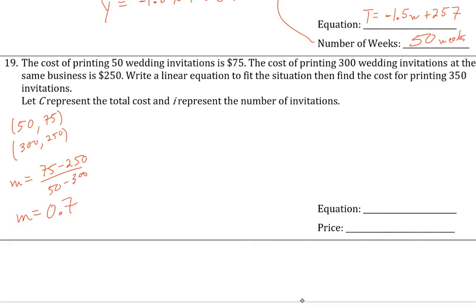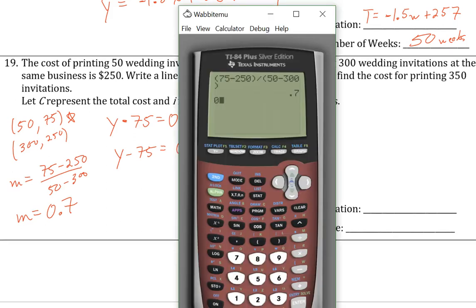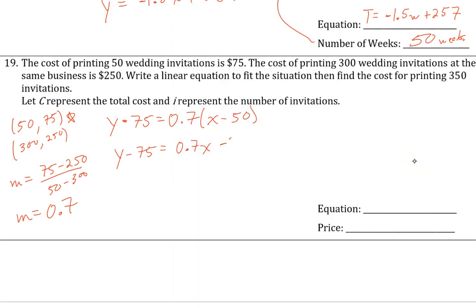All right, going into our point slope approach, I'm just going to use the first point here along with my slope. And again, it doesn't matter which point we use. I just tend to always pick the first one because it's first. So if we distribute, and then 0.7 times 50, so I have 35, so minus 35. Add 75 to both sides, and we'll get plus 40.